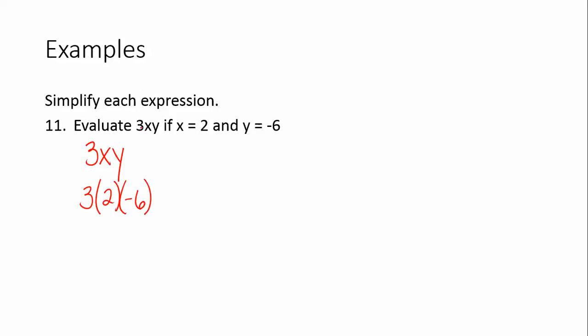Remember, when a variable or coefficient is all lined up here with no symbol, it's all multiplication. So 3 times 2 is 6, and then we bring down the negative 6. 3 times negative 6 is negative 36.